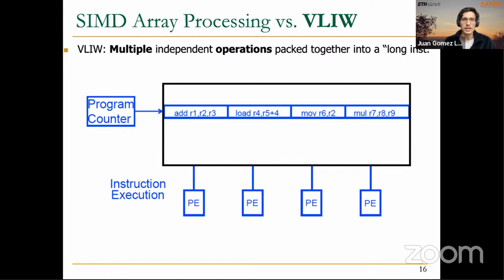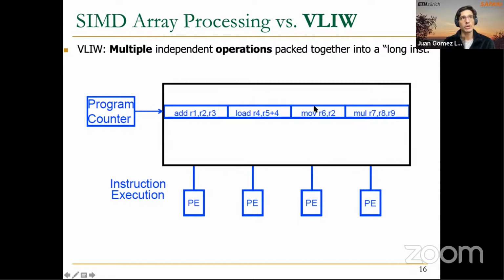It's a different paradigm where multiple independent operations are packed together into a long instruction. This is the work of the compiler, which will analyze the program that the programmer has written, and will try to generate these long instructions that, as you can see, are composed of several different instructions that may execute even on different processing elements.